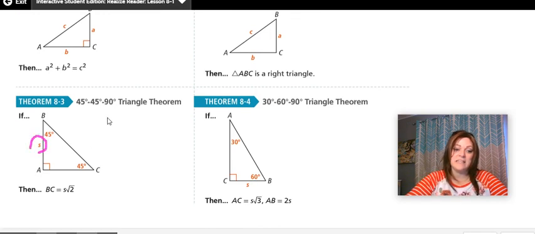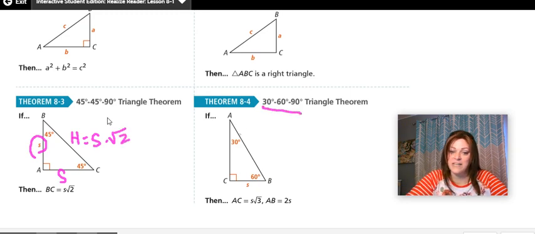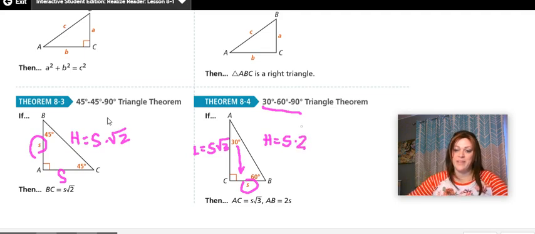Whatever the side length is of a 45, 45, 90, both sides will be the same. And the hypotenuse will equal the side times square root of 2. On a 30, 60, 90, go straight across from that 30. That's the short side. The long side equals short times square root of 3. And the hypotenuse equals short times 2. I hope that helps.